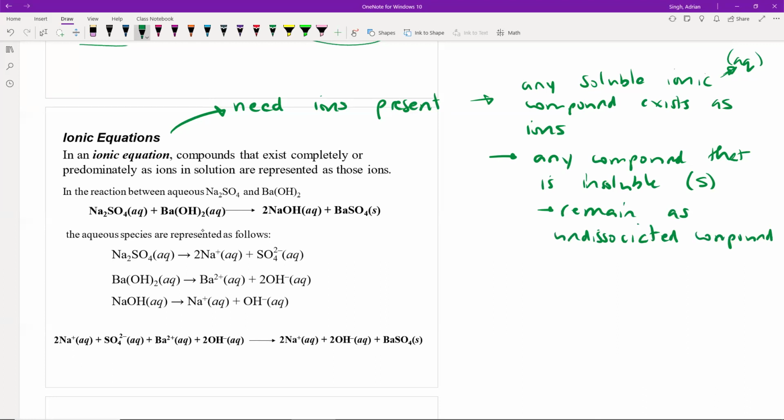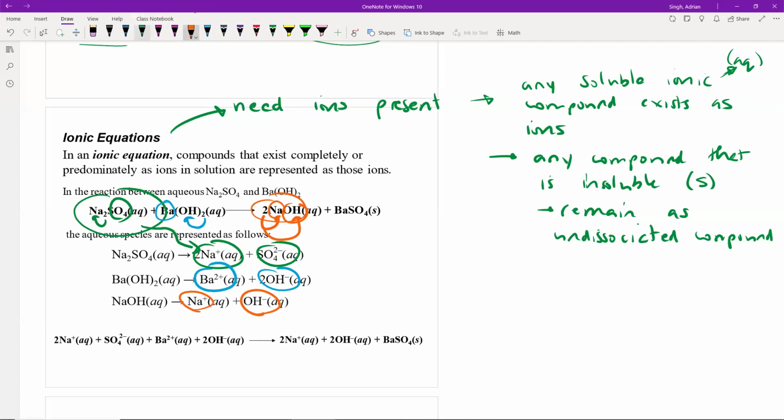Okay, so if I take a look at each of these, I have my sodium sulfate, right? That is made up of two sodium ions and I have a sulfate ion. They're both aqueous. In my barium hydroxide, I have a barium ion and I have two hydroxides. In my sodium hydroxide over here, I have a sodium and I have a hydroxide, but I have two of each of these.